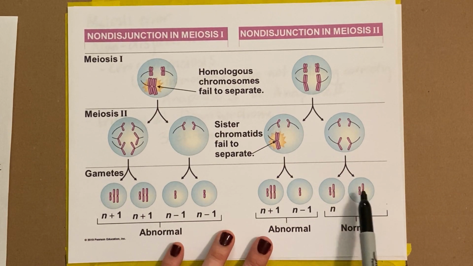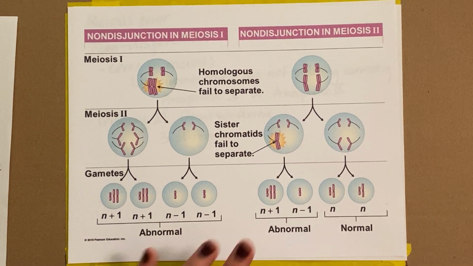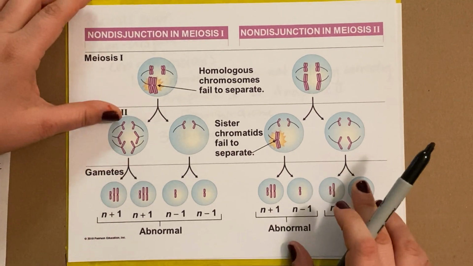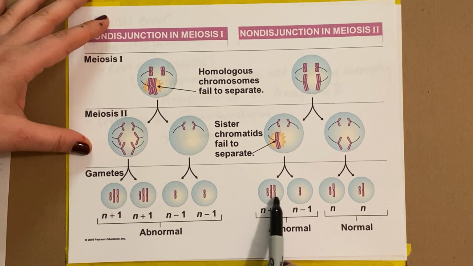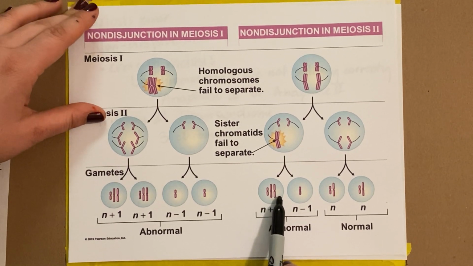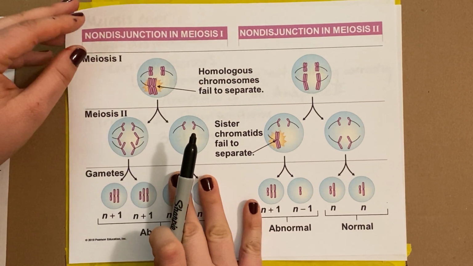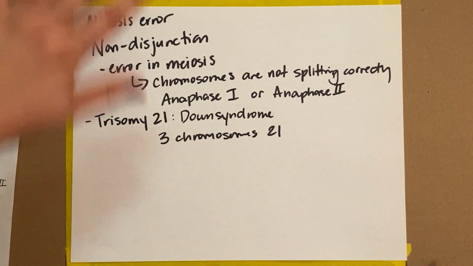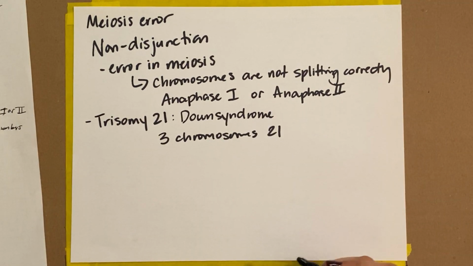These ones are completely normal, but these ones are not, because this one doesn't have enough chromosomes and this one has too many of this large chromosome. Okay, so that's how this process takes place. If the chromosome that they add with an additional one is chromosome 21, that would mean that person could potentially have Down syndrome. So Down syndrome is a really common one, again, 3 chromosome 21s.